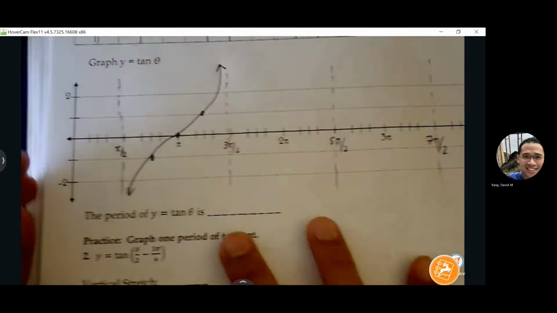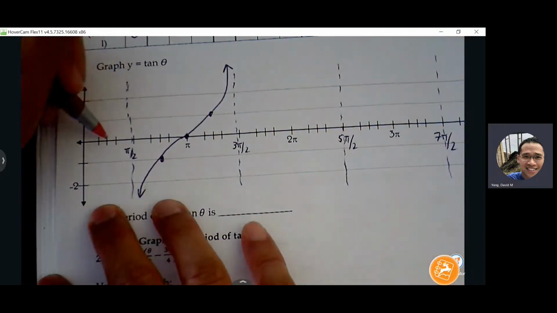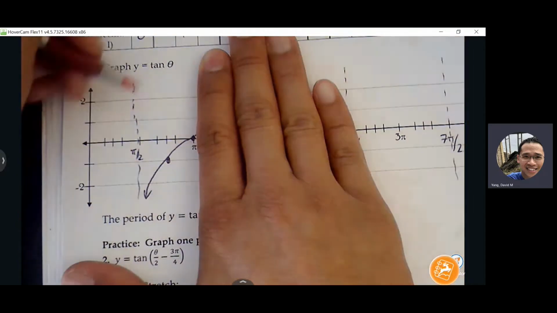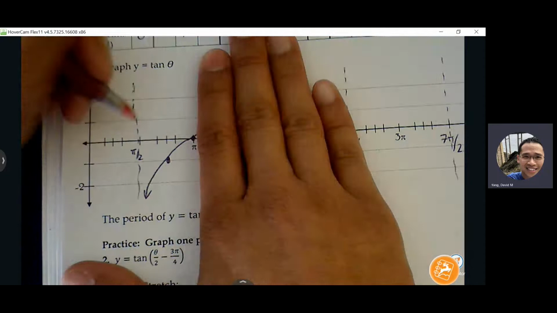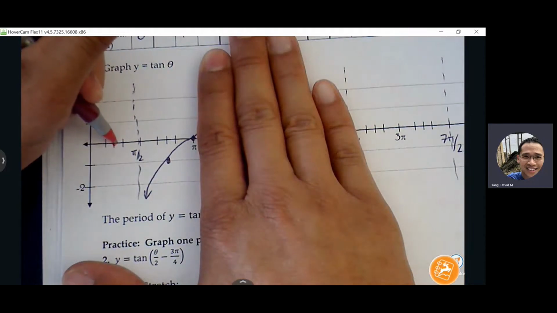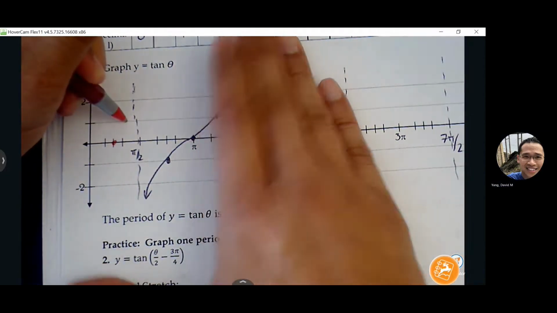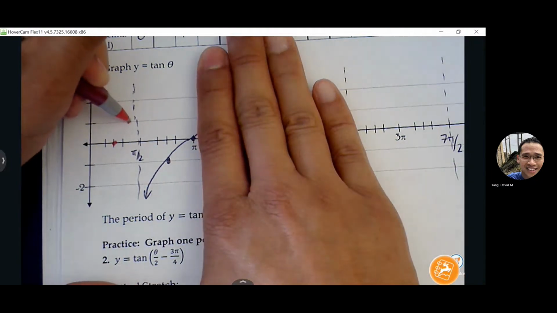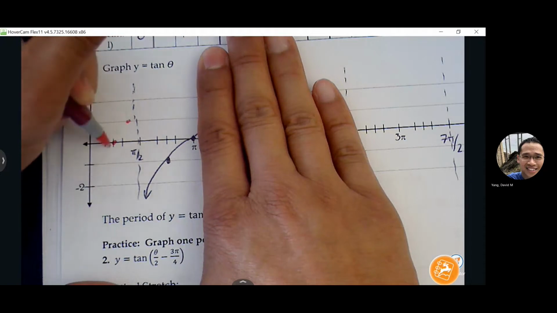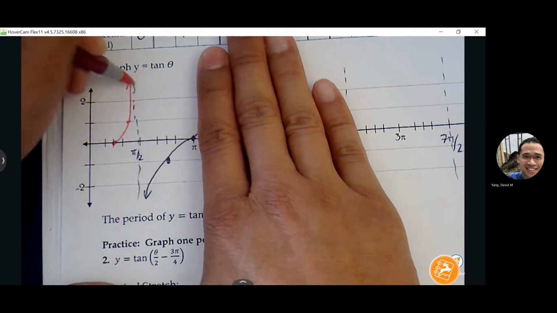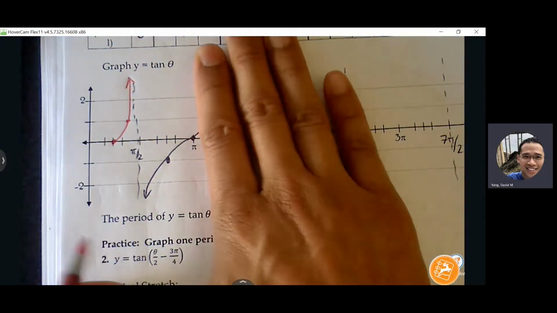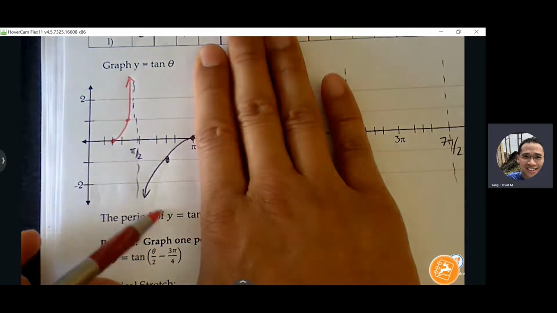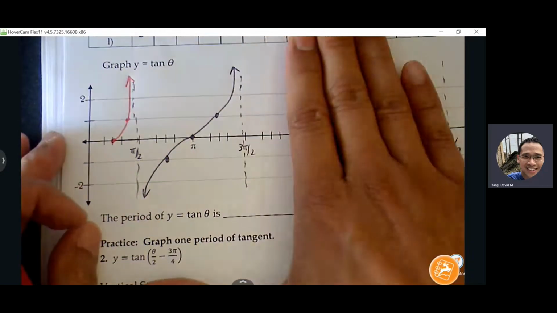But if I were to just look at the graph between 0 and pi, it's going to look a little bit like it got cut off. So let me kind of show you what that looks like. If I want to go from 0 to pi, it'll look like this. It'll look like I started halfway and I got cut off and then I finished it up, rather than this.